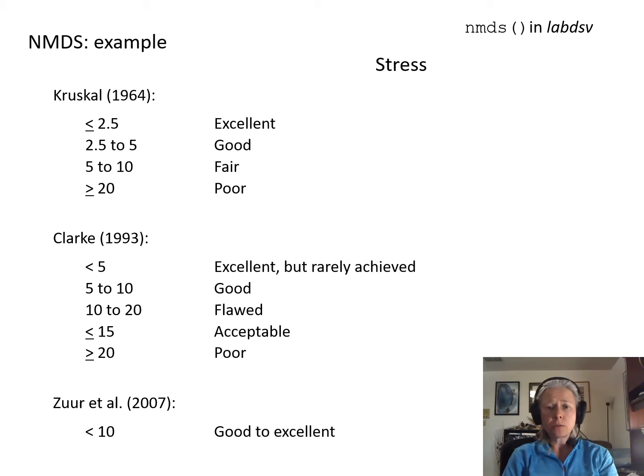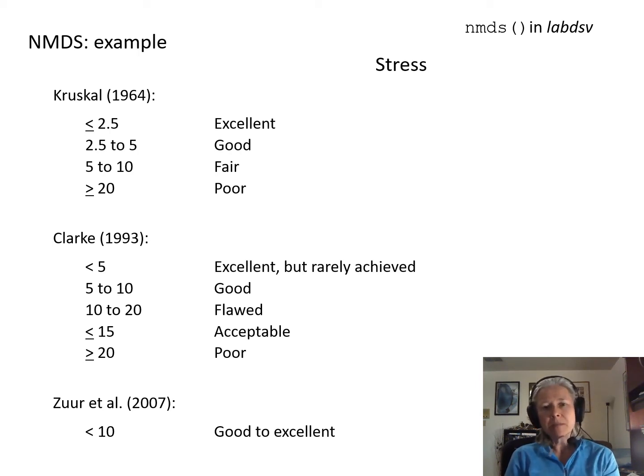In the online notes, I have 3 authorities with rules of thumb about what should be considered from excellent to poor stress values. And you can see here that even though the value that I got of 10.43 was low and was parsimonious, it was low relatively speaking, it would be seen as being fair to poor by Kruskal and flawed by Clark, and definitely not good to excellent by Zur et al.